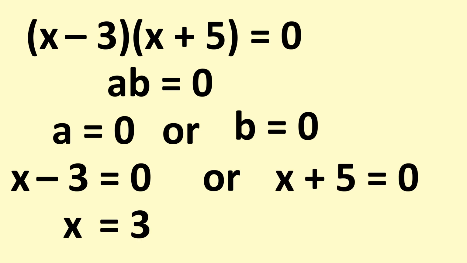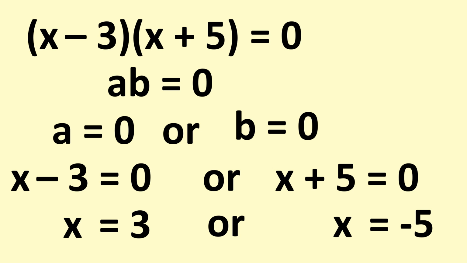Now, if x minus 3 equals 0, by the time we take the minus 3 to the right hand side, it becomes plus 3. If we add it to the 0 there, it is plus 3 plus 0, which is 3. So x equals 3. Or x plus 5 equals 0: by the time we take the plus 5 to the right hand side, we have x equals minus 5, because plus 5 becomes minus 5 on the right hand side.